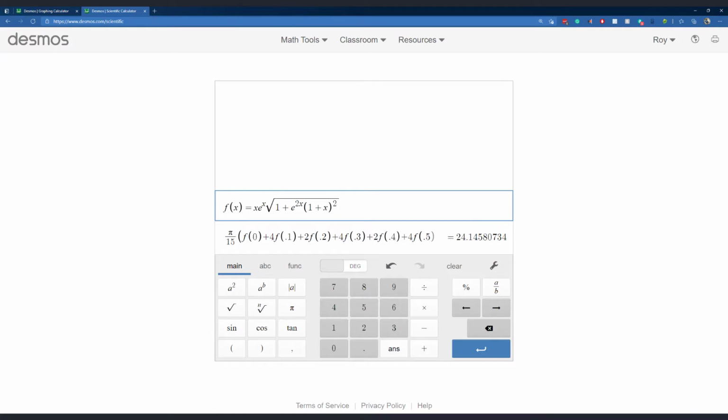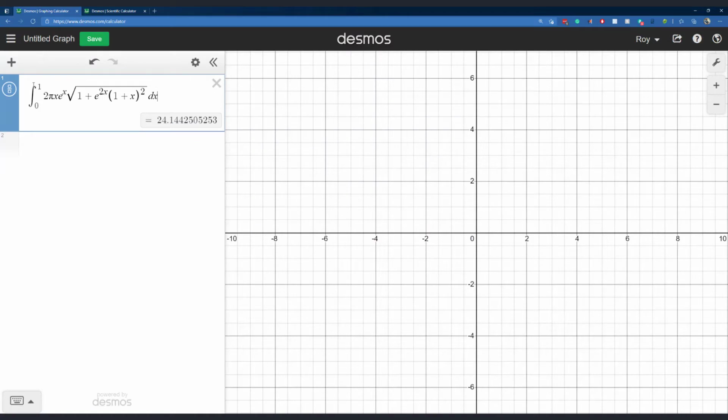Well, 24.1458. We're off a little bit, probably 1/1000th, somewhere in there. So it's not too terrible, but it also wasn't a ton of work. We would not be able to compute this integral by hand, so it's good to have Simpson's rule to help us do the numerical integration.